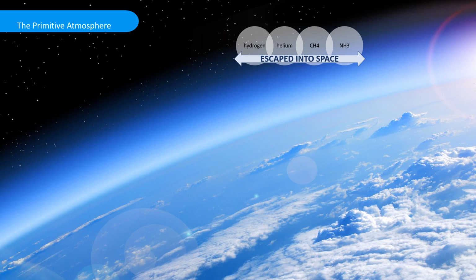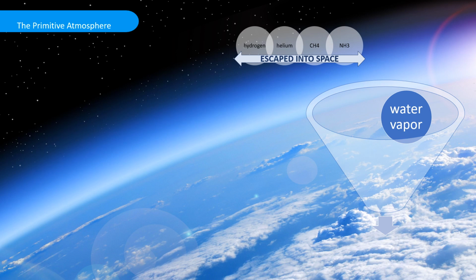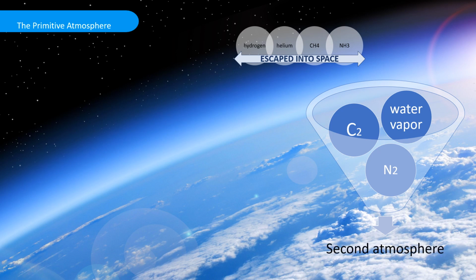Later on, different gases formed a much denser layer, which was composed of water vapor, carbon, and nitrogen. This consisted of the second atmosphere.